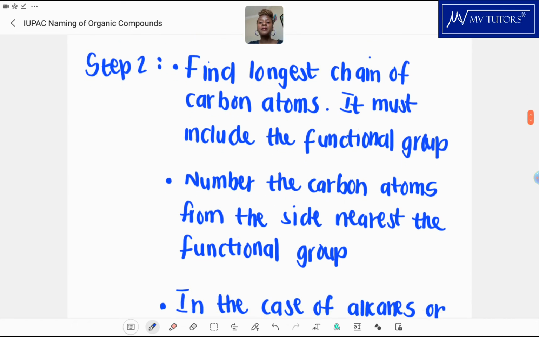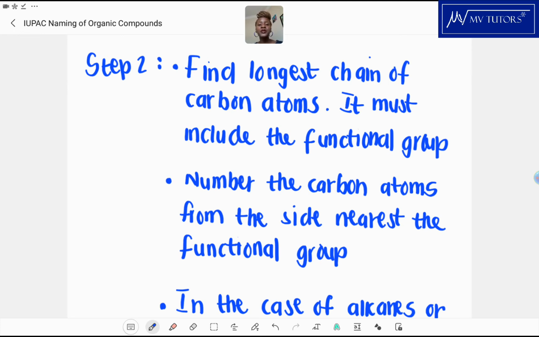Then number the carbon atoms from the side nearest the functional group. So let's say you have a chain of 6 carbon atoms, and you see a functional group there, an aldehyde, a ketone, an ester. Where do you start numbering these carbon atoms?